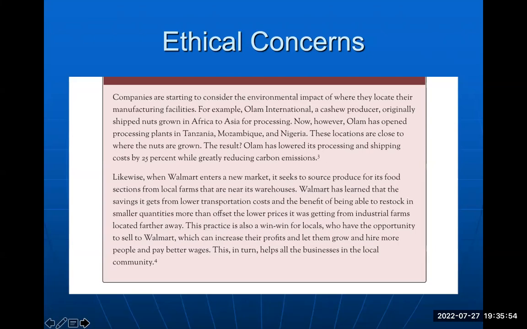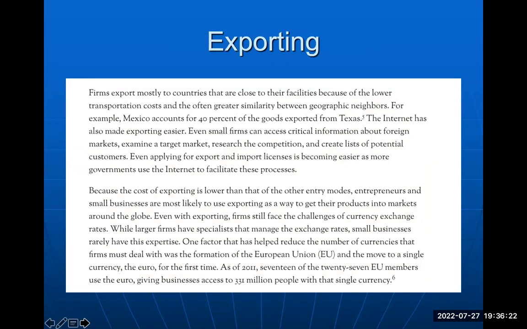Sometimes it's going to actually affect what people consider to be their cultural identity or their religious identity. So that is something that needs to be considered when a company decides to use export as its way of entering the international market or to participate in international trade. Understand? Okay.